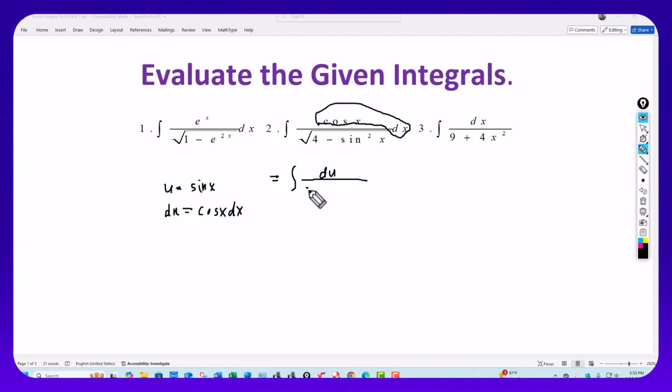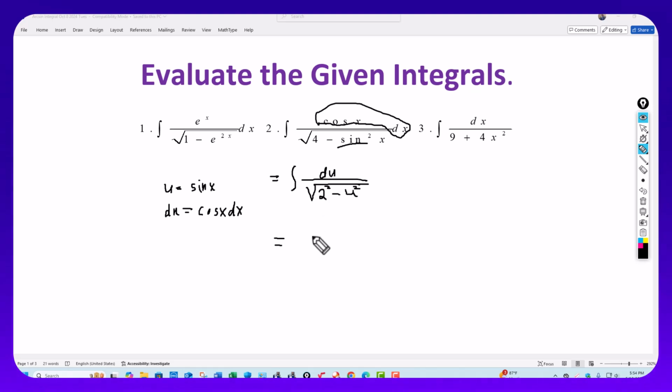And then the denominator, using the same formula again for this one. A squared is 4, so I could write that 4 as 2 squared minus, and u equal to sine, so notice here that's a sine squared. Since u is sine of x, this is u squared. Now, integrate here.